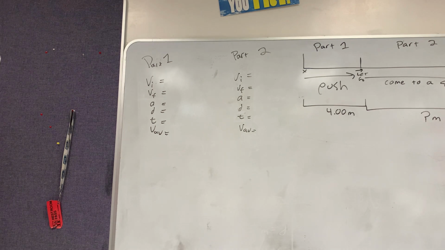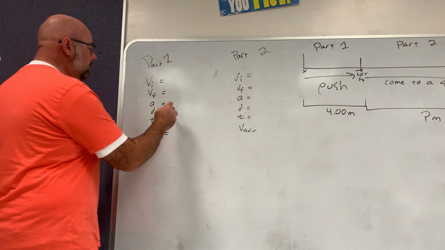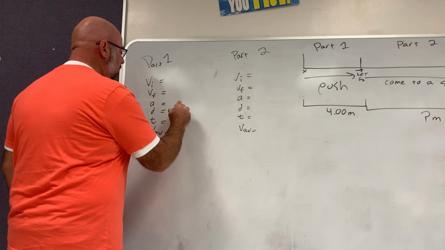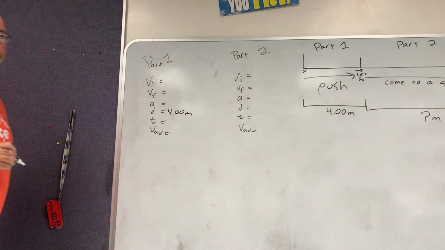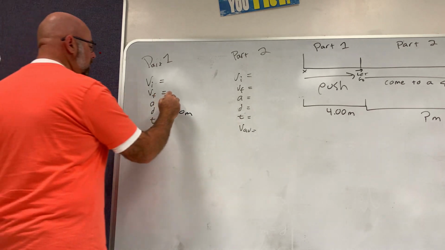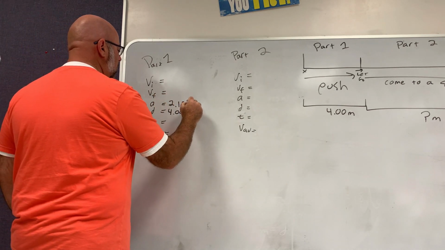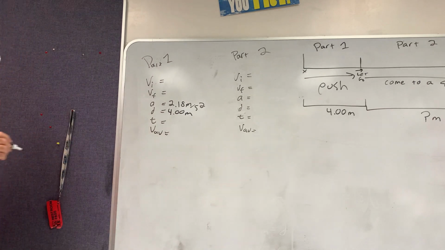The distance you accelerated over. What is the distance? 4 meters. Okay, what else? The acceleration. What is it? 2.18 meters per second squared. And what else do I know? Initial velocity. Started at 0, I started at rest.